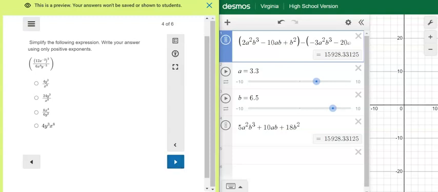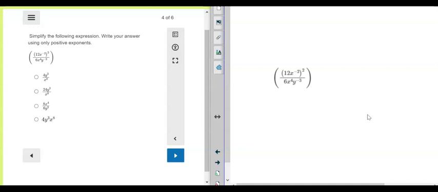Alright, so this one, let's do it by hand first. What I want to do here is a bunch of things to simplify this. First, I have to take the 2, so I need to square everything that has the parentheses with the 2. I'll write it out first.